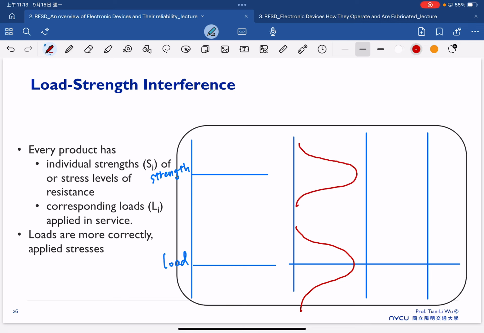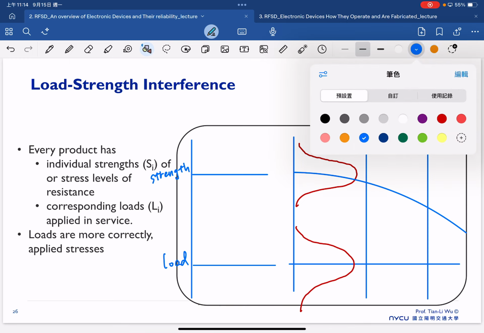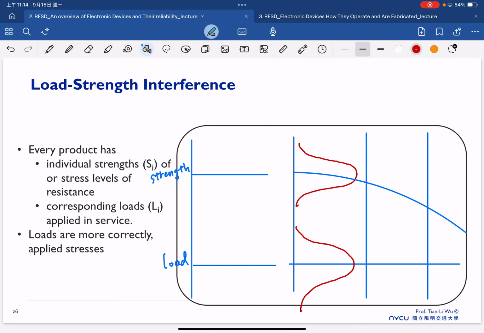But with time passing by, the strength will become weaker, and once the strength becomes weaker, we can see the degradation of the strength, like in this way. But the load will be the basic state, so the load will be the same.